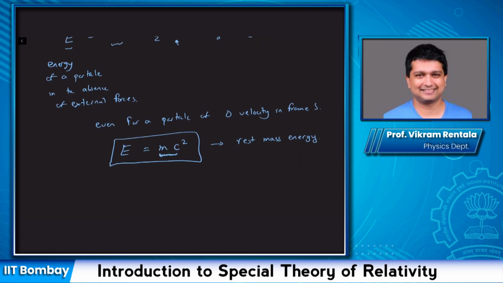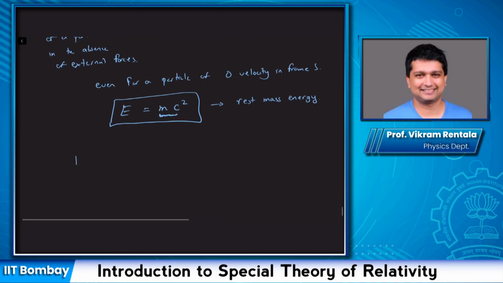However, if we look at the exact expression for energy, which is p0 times c, this is m times c squared over the square root of 1 minus u squared by c squared.